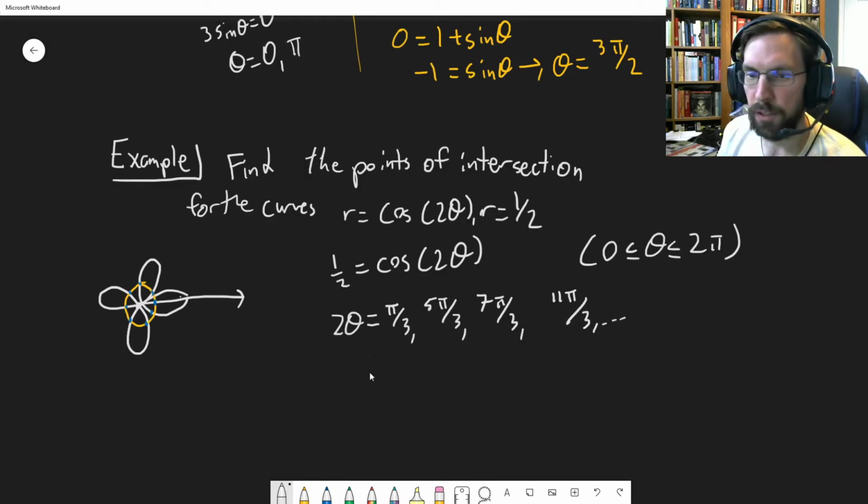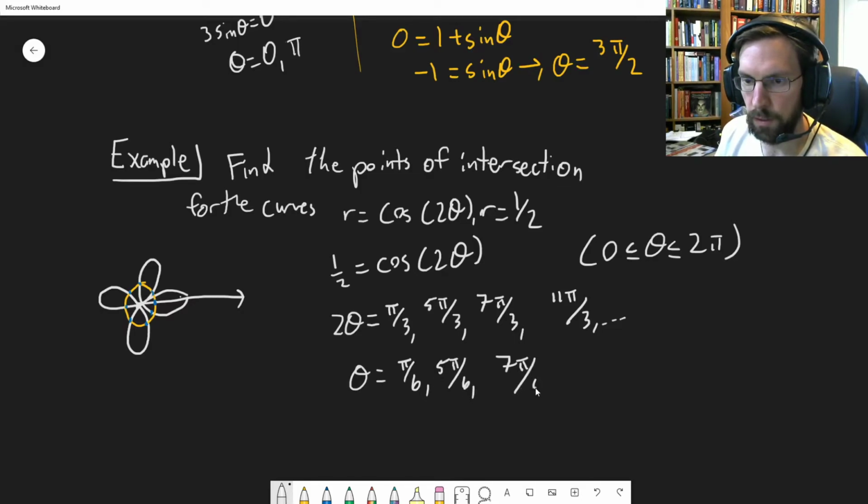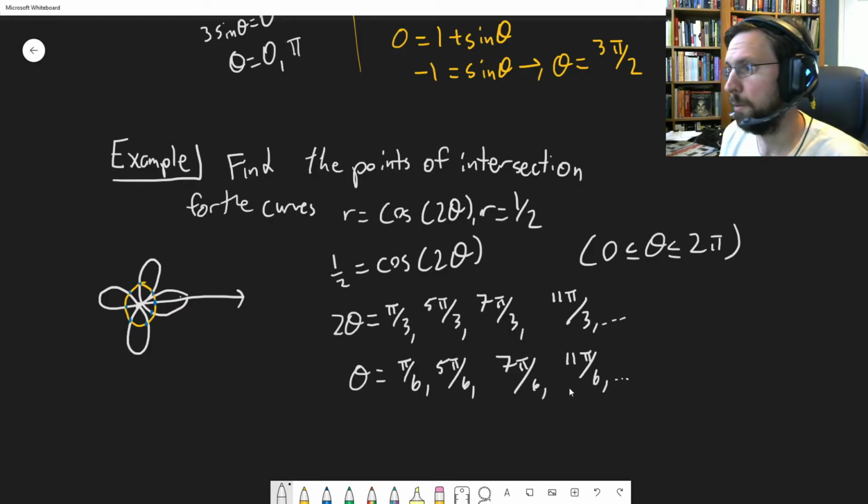Divide everything by 2. So theta equals pi over 6, 5 pi over 6, 7 pi over 6, and 11 pi over 6. There are a lot more, infinitely many more in fact, but these are the 4 that are on the interval from 0 to 2 pi.